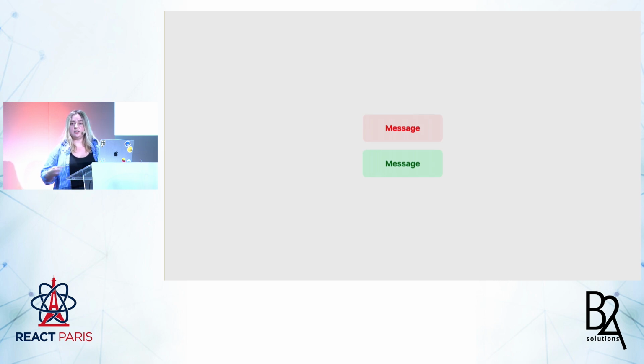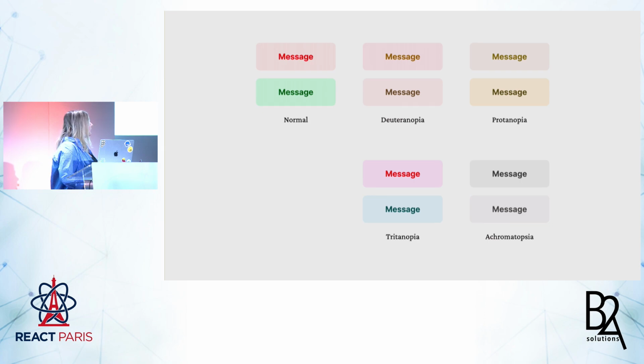We generally use color a lot in interfaces: green for success, check marks, red for errors, and so on. And while there's nothing wrong with that, we need to remember that different people perceive color differently. For some people with color blindness, this might look almost exactly the same, which can make it harder for them to understand what this message is trying to convey.